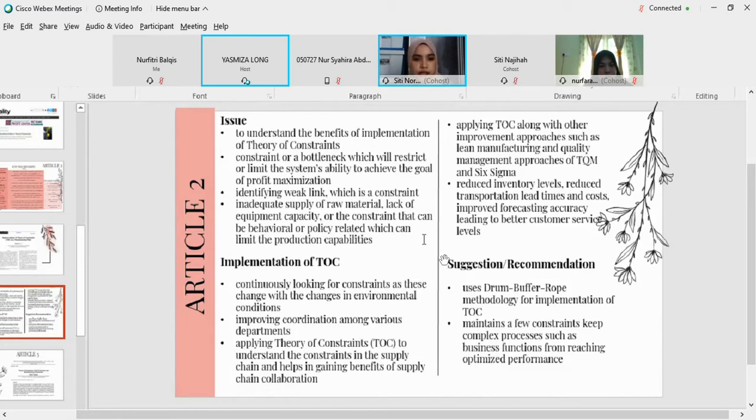The last one is reduce inventory levels, reduce transportation lead times and costs, improve forecasting accuracy leading to better customer service levels.